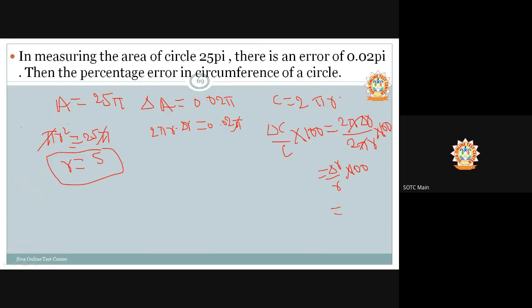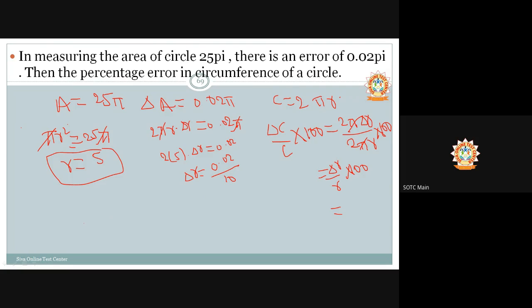So pi will get cancelled. What is r? r is nothing but 5. So 2 into 5 into del r is equal to 0.02. Now what will del r become? Del r is nothing but 0.02 divided by 10, right? So now this is del r.